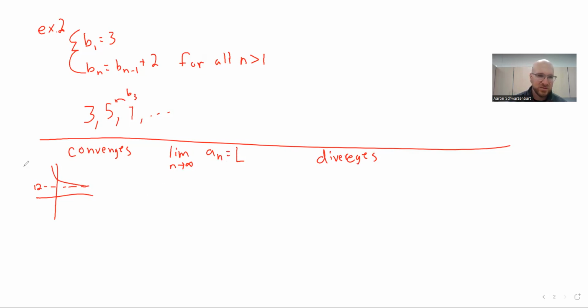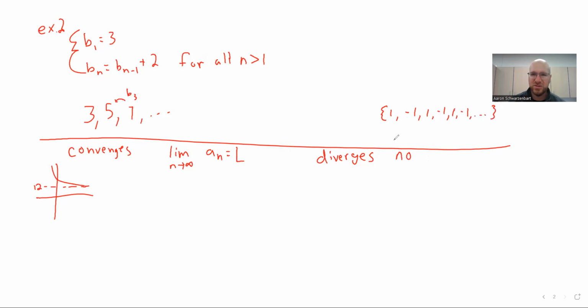There is a value that the further out I go on my infinite sequence, it gets closer to. Diverges means there is no limit to the sequence. And it doesn't mean there's no max or min. It just means it's not getting closer to a certain number. Like this sequence is alternating between 1 and -1.